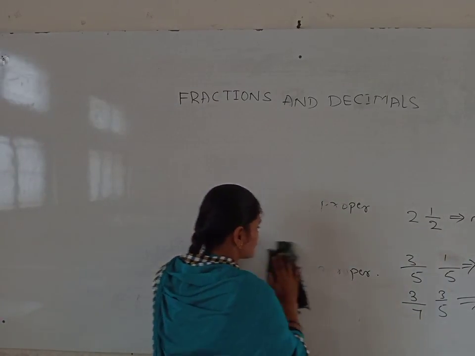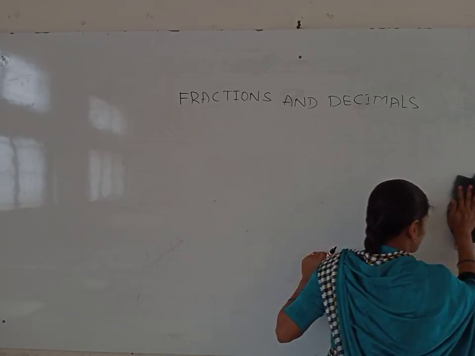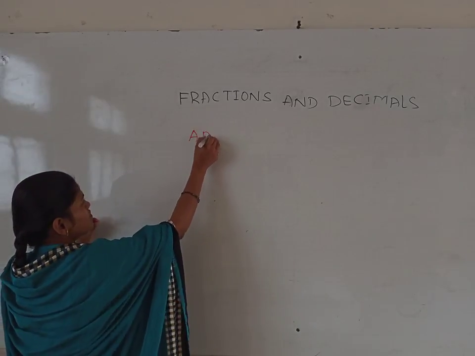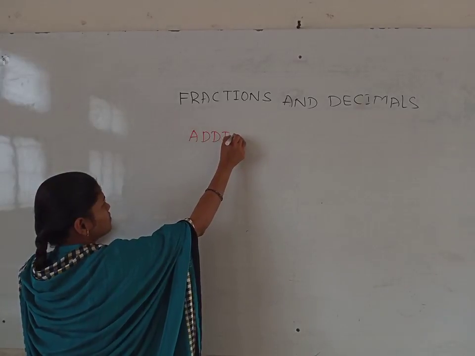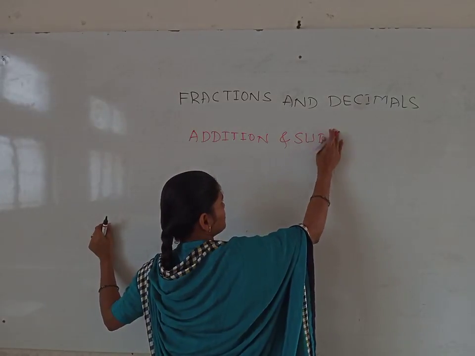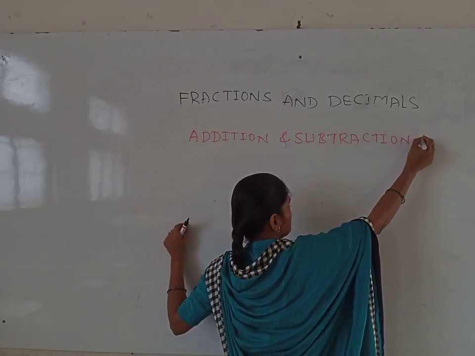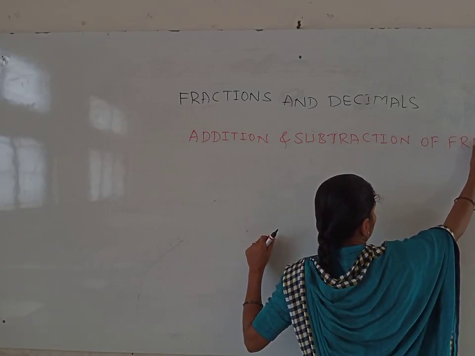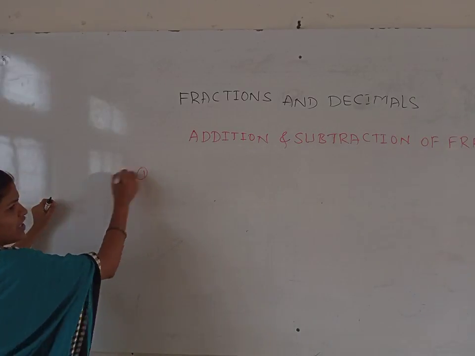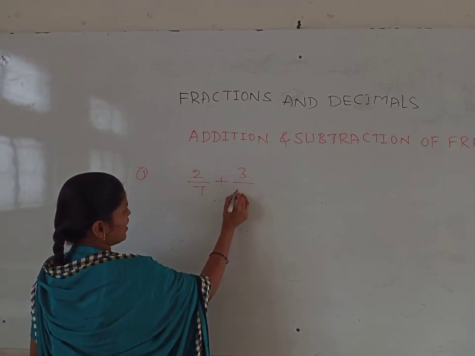Again today also we are discussing the addition and subtraction of fractions. Okay, I am giving you one example here. 2 by 7 plus 3 divided by 5.